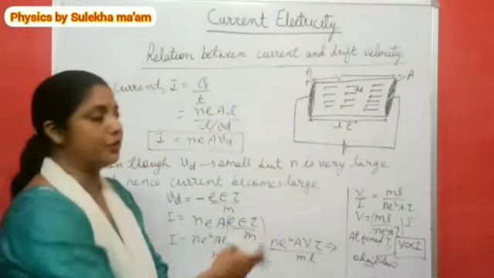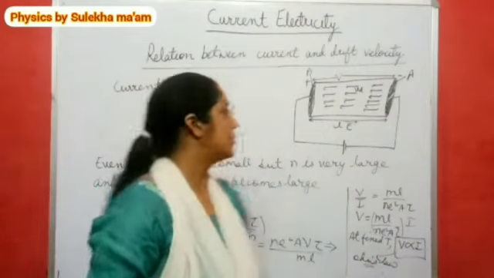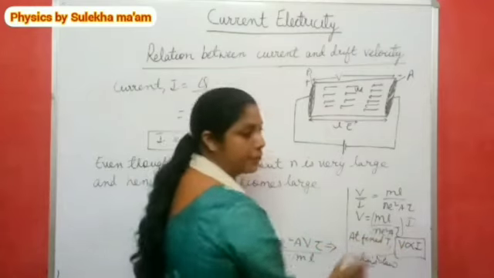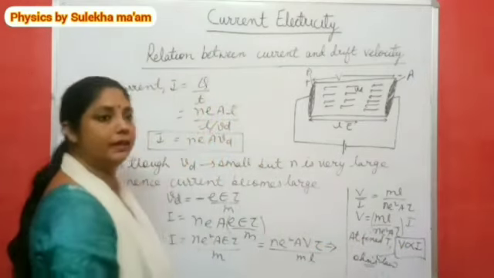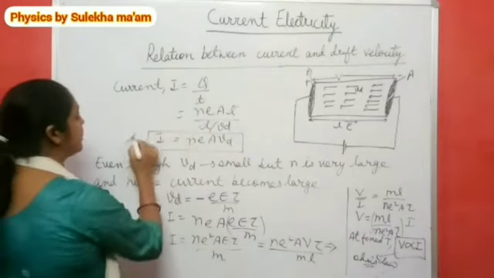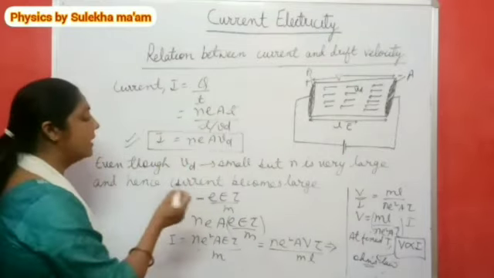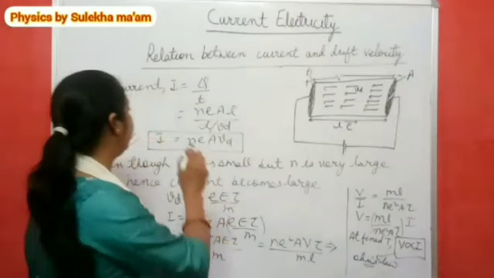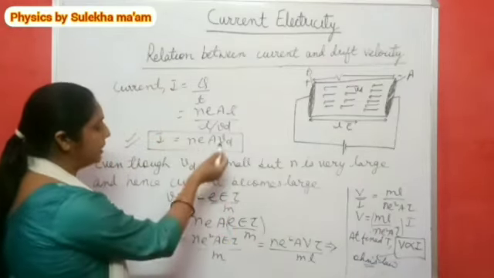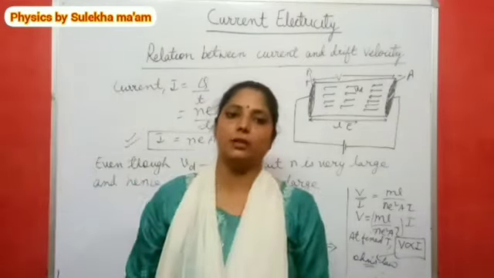V is proportional to I. And in exams, if a question comes to derive Ohm's law, then you have to explain all these things and you get the final result, V is proportional to I. The main relation between current and drift velocity is I equal to NEAVd. Remember this formula. Vd is minus E tau by M, and when you put the value of Vd, then you get Ohm's law. In this way, you can also derive Ohm's law.